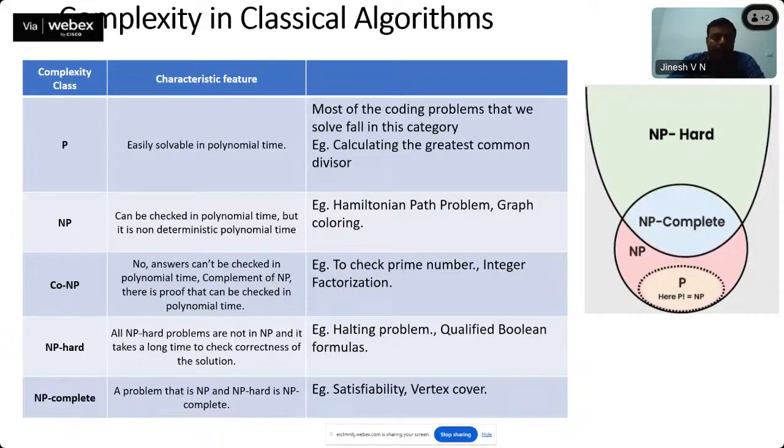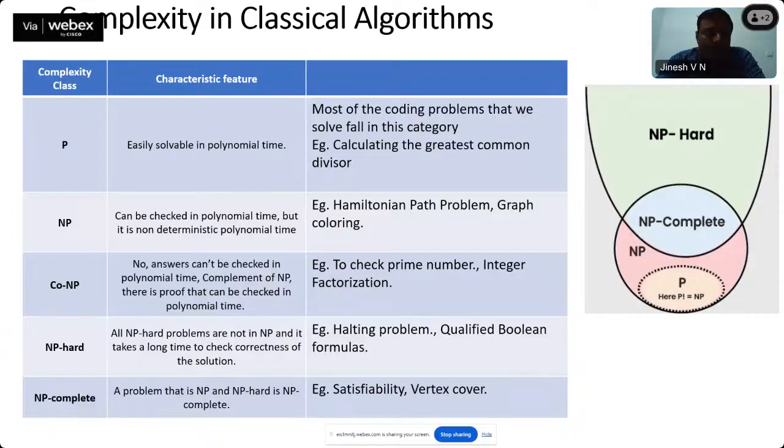Then if we have a problem and we are able to identify a solution for it, but there is no general solution for that, that is known as non-deterministic polynomial. It means the solution is there, but it cannot be determined using a specific number of steps. It varies from situation to situation.